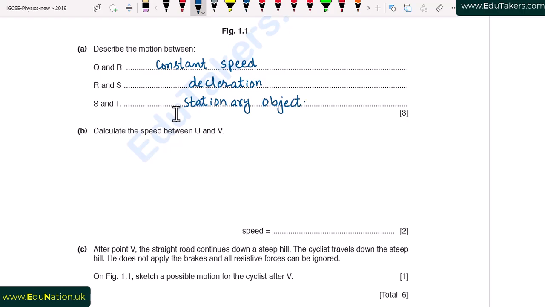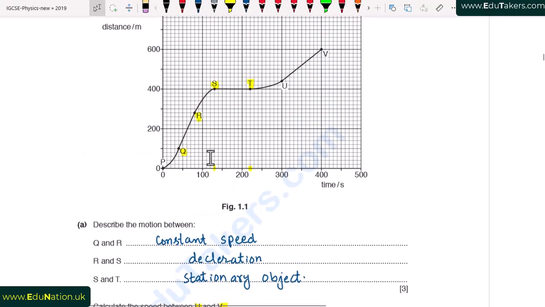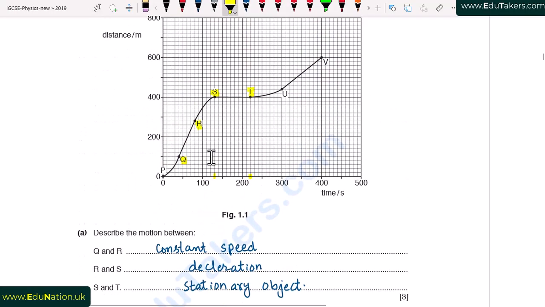Part B. Calculate the speed between U and V. Here we have to calculate the speed between 2 points U and V. This is U and this is V. As it is a distance time graph, the slope of this graph gives the speed. I write here: speed is represented by V and it is equal to the slope of the distance time graph.